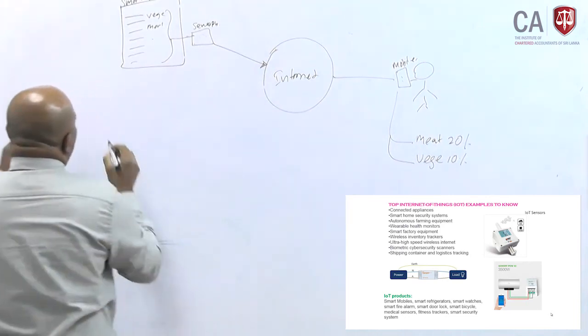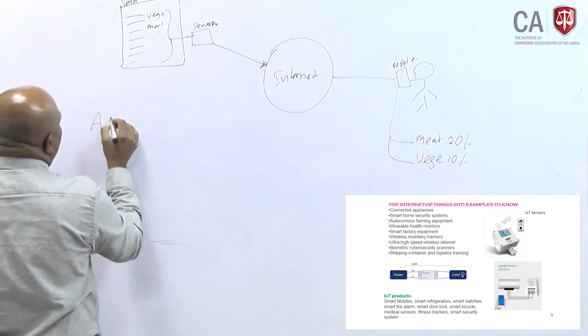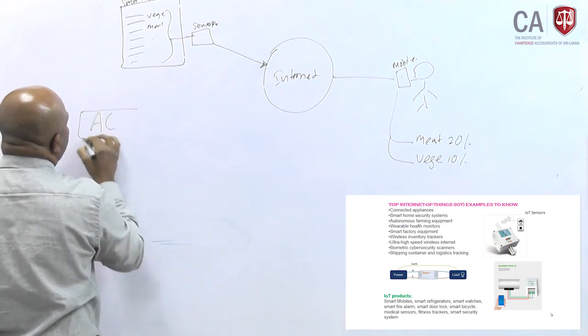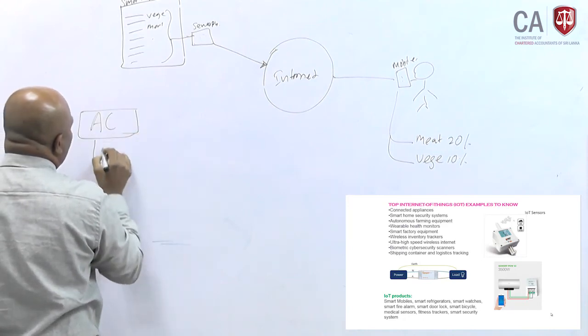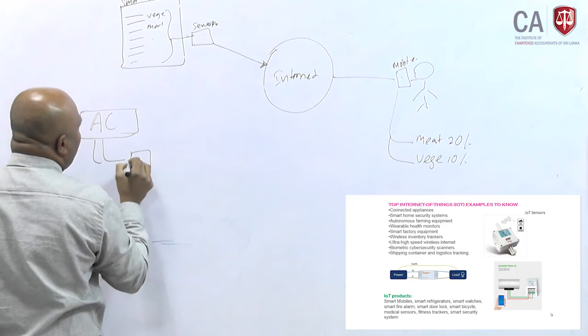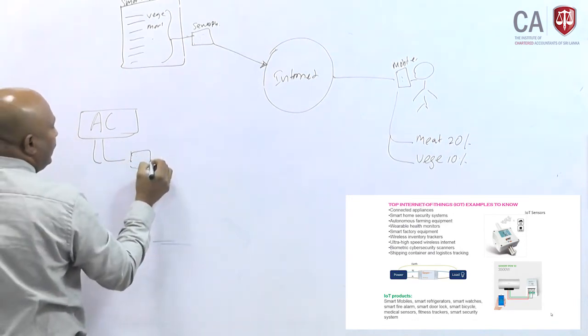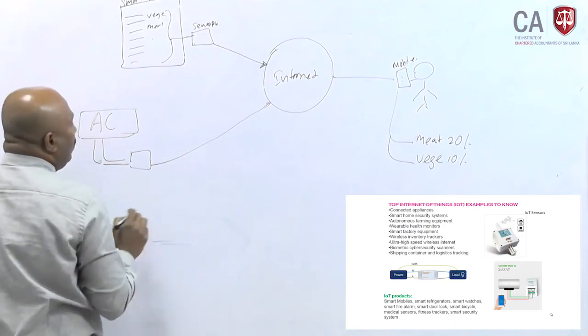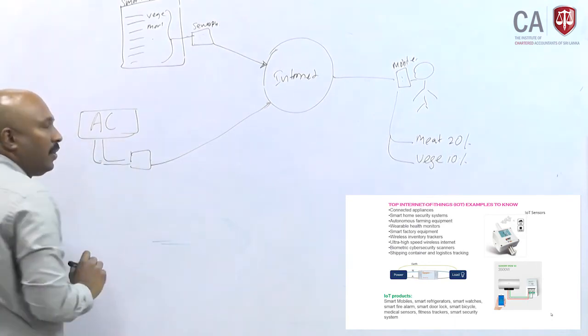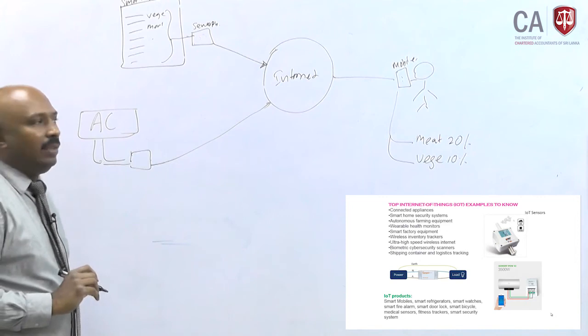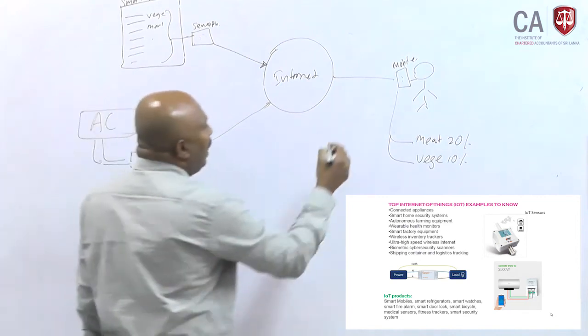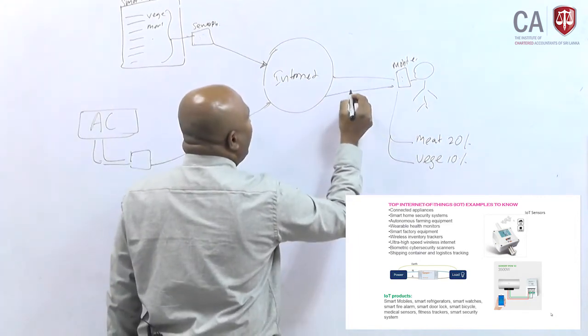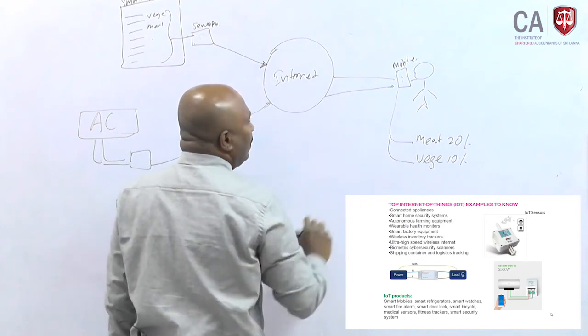Likewise, there is an AC, an air conditioner, that is also connected through a kind of gadget. Now, if you forgot to switch off the AC when you went out, from this device you can switch it off.